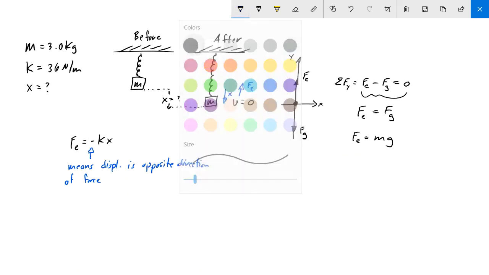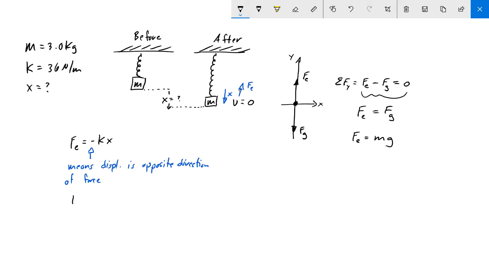So then what we can do is rewrite it. We've got our elastic force equals minus kx, and I have to solve this for x. So x equals minus Fe, our elastic force, over k. And what did we just find out? Well, we found out before that our elastic force equals mg.